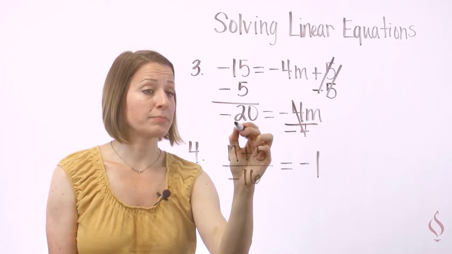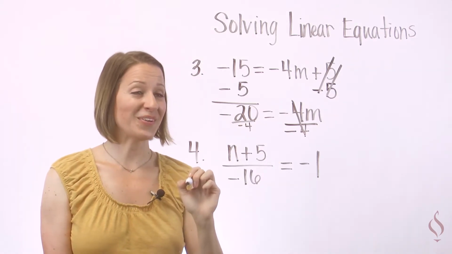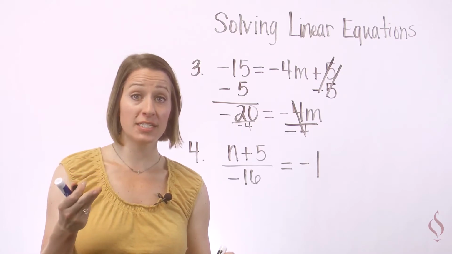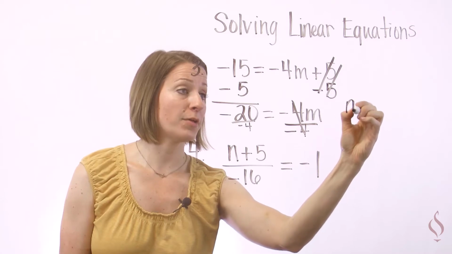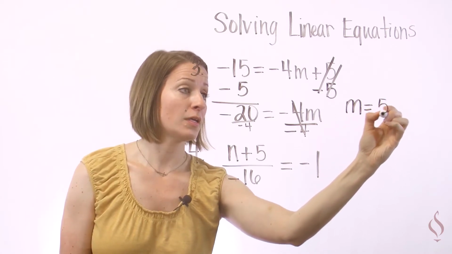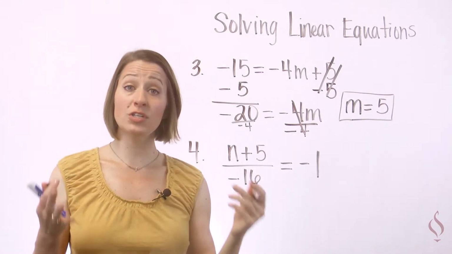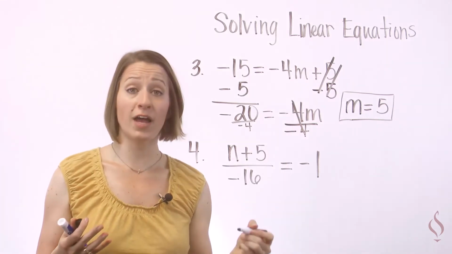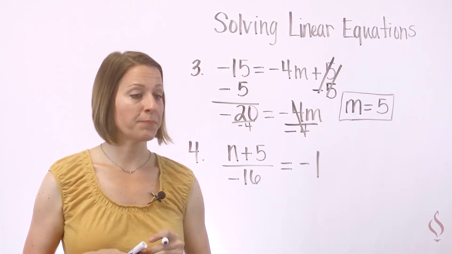And then negative 20 divided by negative 4. So this is 2 negatives being divided, which is a positive. So for this problem, m is going to equal 5. And of course, you can take the time to go back to your original problem, plug in 5, and resolve it, making sure you got it right.